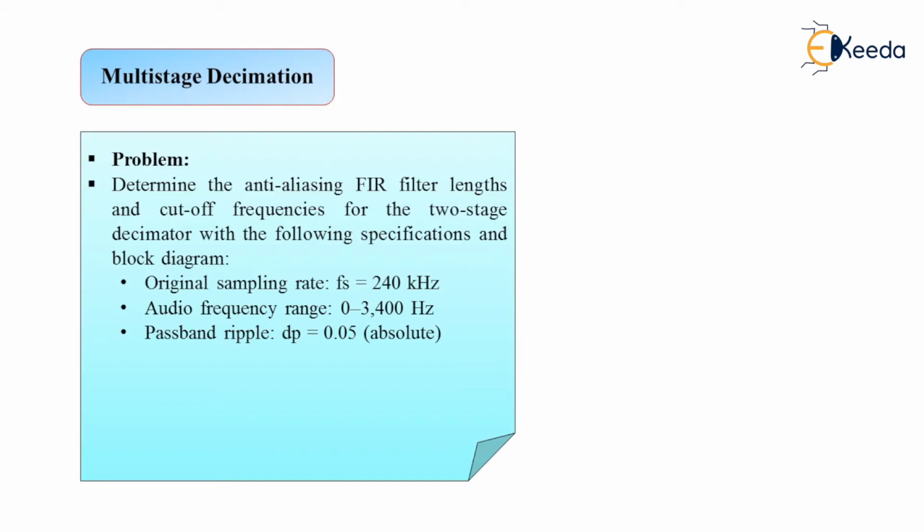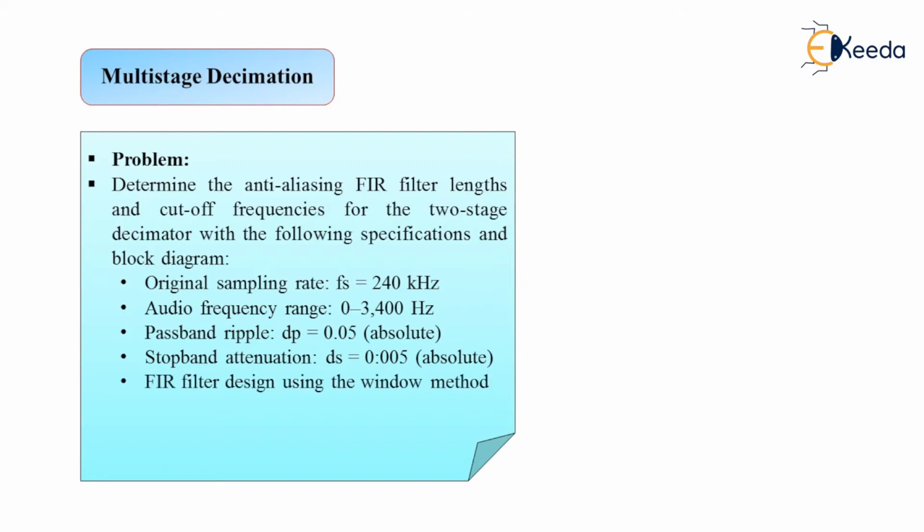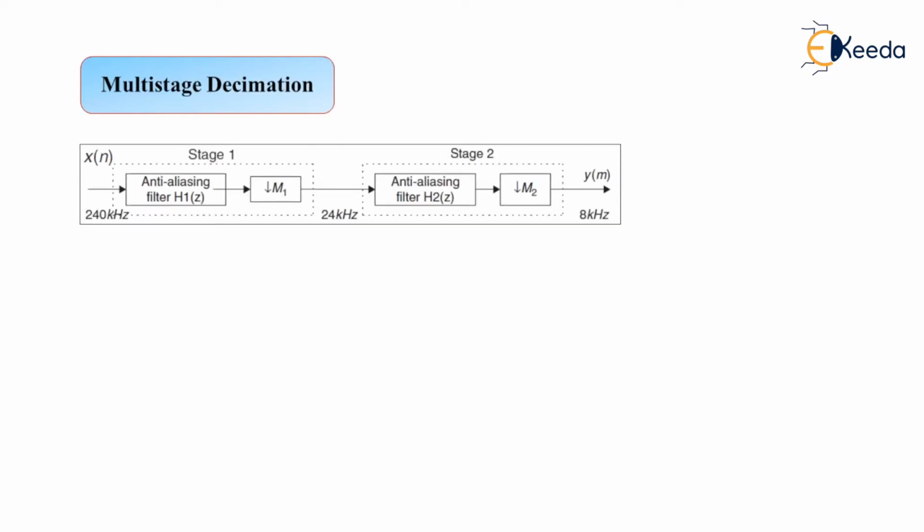Then the stop band attenuation, this ripple is shown by del S here. This is equal to 0.005. This is again the absolute value. Next to that, the FIR filter design using the window method is concerned, and the new sampling rate is denoted by Fsm, that is equal to 8 kilohertz here.